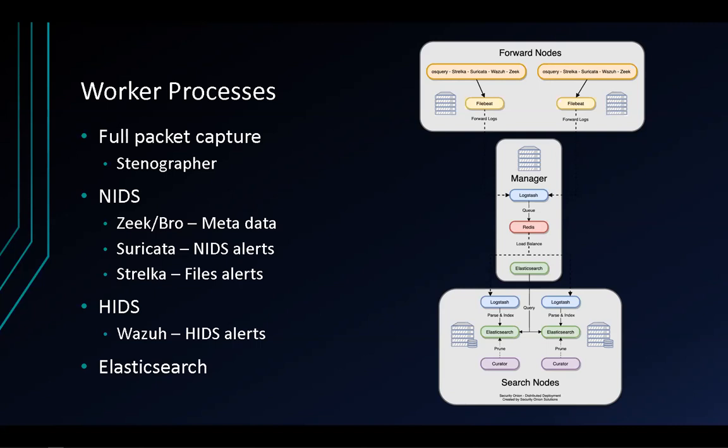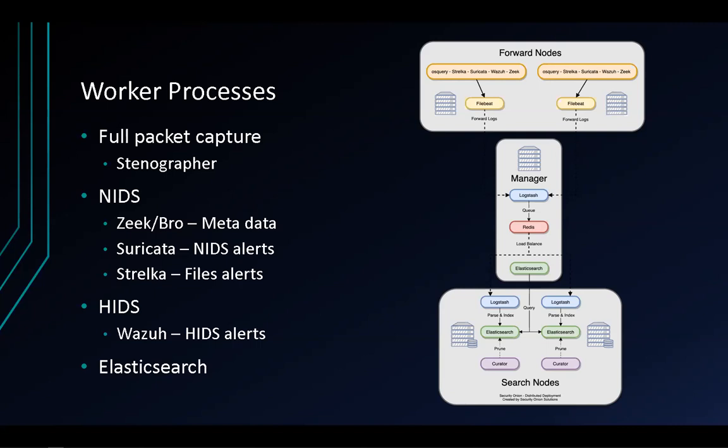Next, you have your NIDS processes, which is your network intrusion detection processes. I don't know which order they're in. They process the packets in, maybe they do them concurrently, but I'll just go down the list. You have first your Zeek or Bro process, which basically looks at the packets and logs a bunch of metadata attached to it.